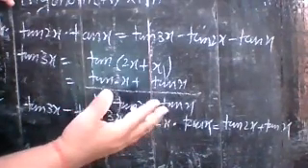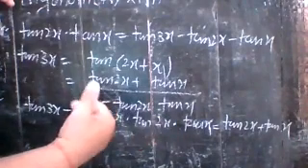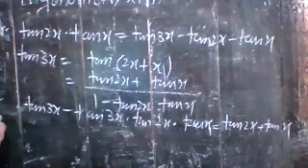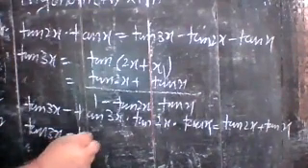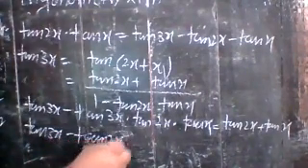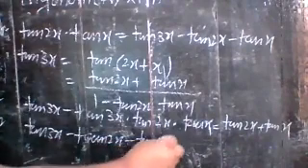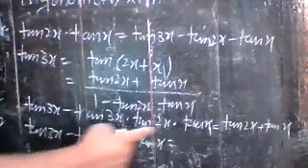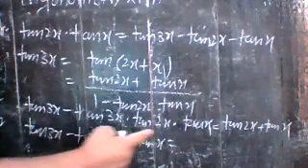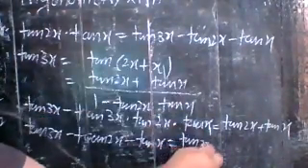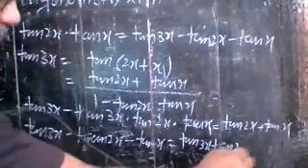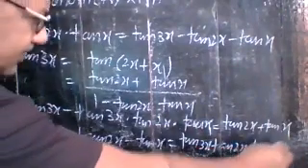In the same way, if you transfer tan x, it is minus tan x. So you can write tan 3x minus tan 2x minus tan x is equal to, writing all the terms in the form of a product on the right side, tan 3x, tan 2x into tan x.